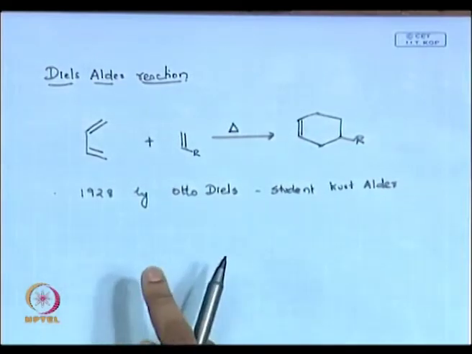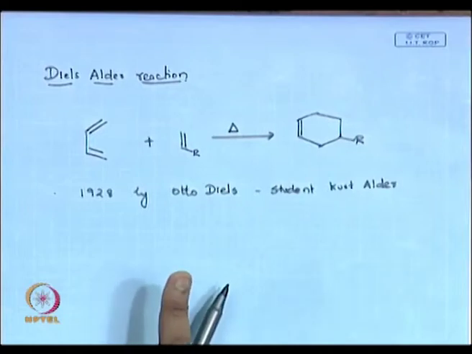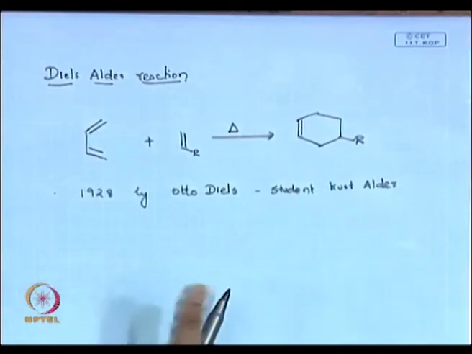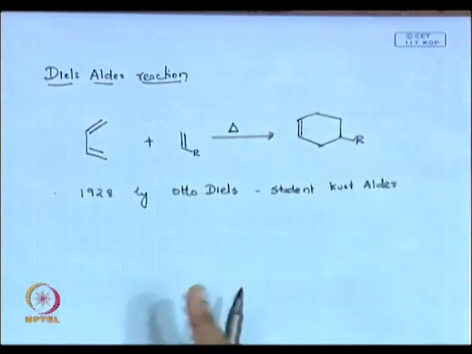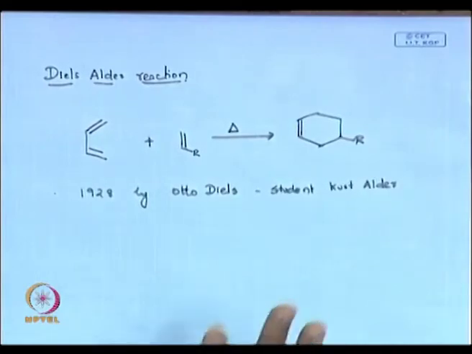I think this is the first reaction which is named by the chemist, like Diels-Alder, because at that time most reactions were named based on the chemistry, not based on the chemist. I think this is the first reaction named after chemists, the Diels-Alder reaction.